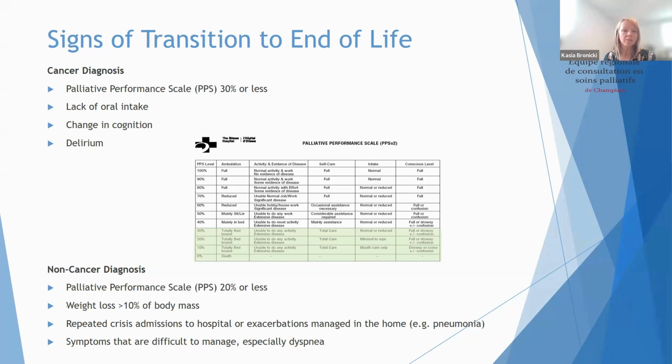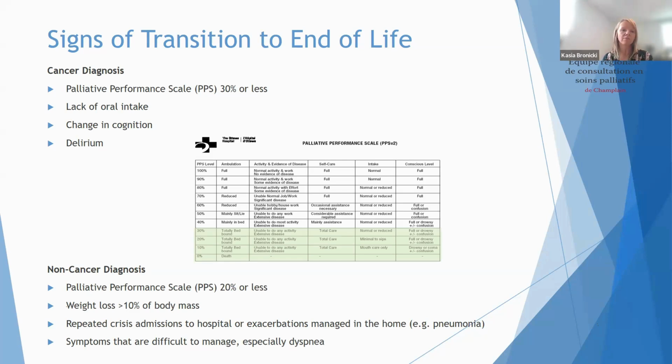For those non-cancer diagnoses, so cardiac causes, lung disease, and so forth, we typically see more of an up and down in their condition, versus that line going down with somebody with a cancer diagnosis in terms of their PPS status. Typically we would see a PPS status of 20% or less being more indicative of a sign to transition to the end of life.